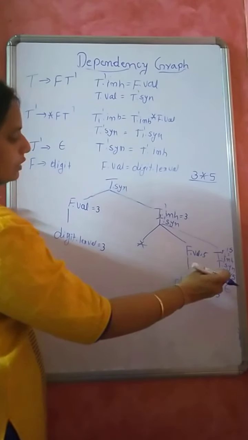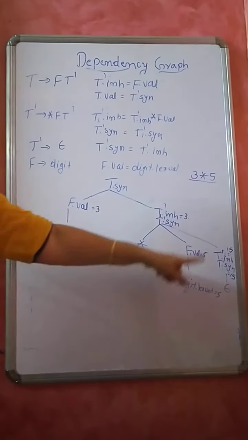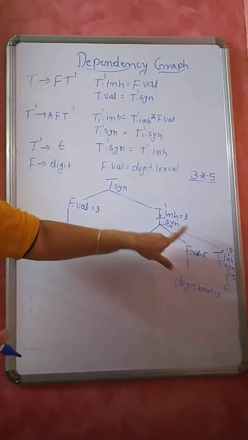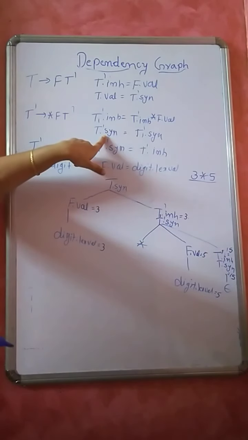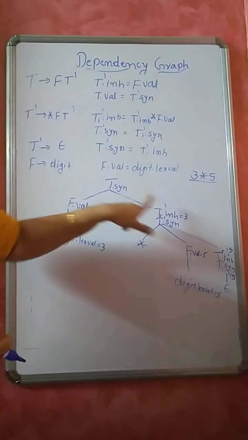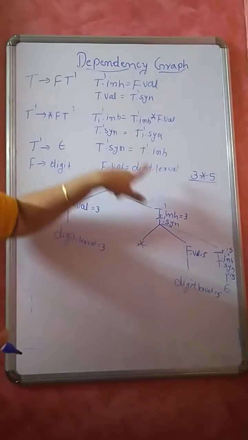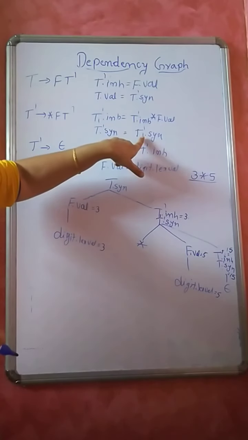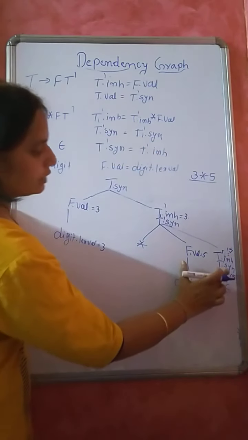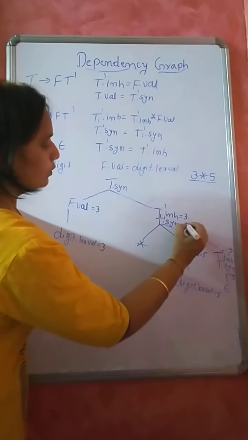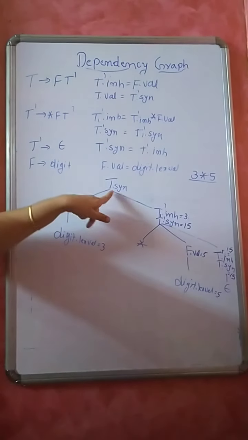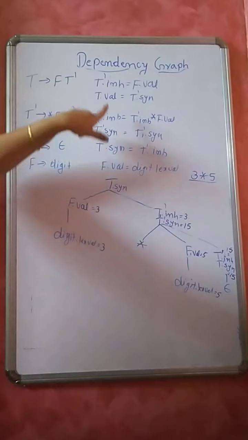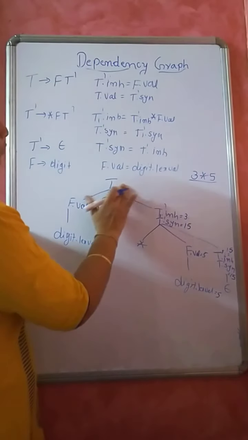Then after that, what is this T dash inherited? When I am applying this particular production, T determines FT dash, what is the T dash synthesis value? It is the T dash synthesis value, which is 15 here. And finally, what is this T dash synthesis value or T dash value?